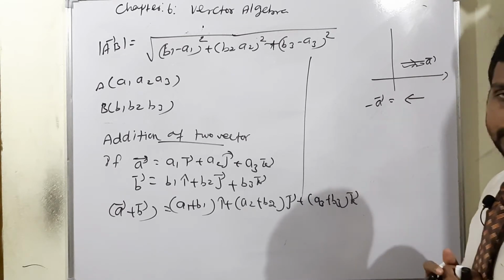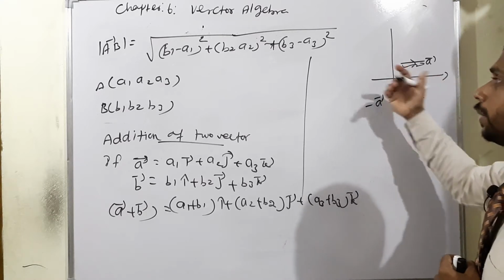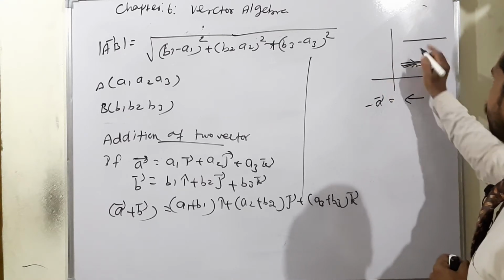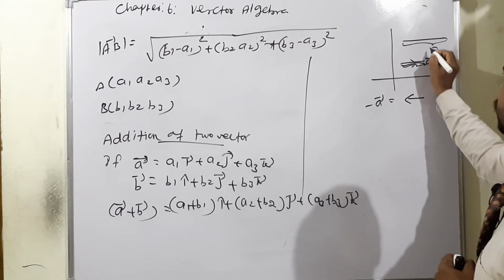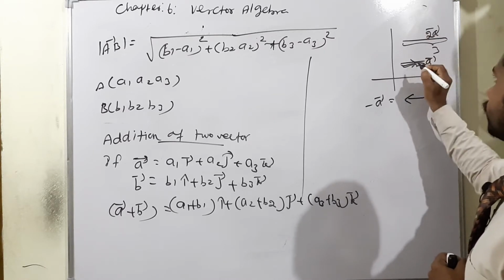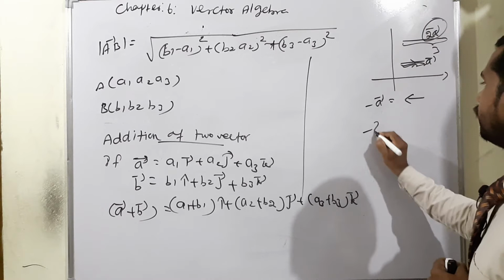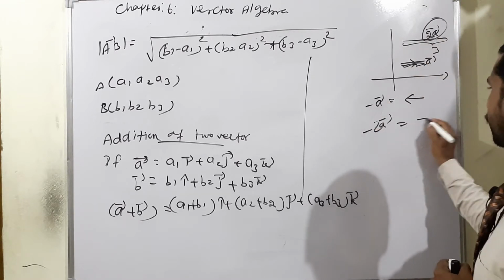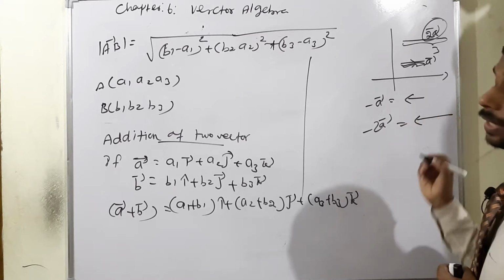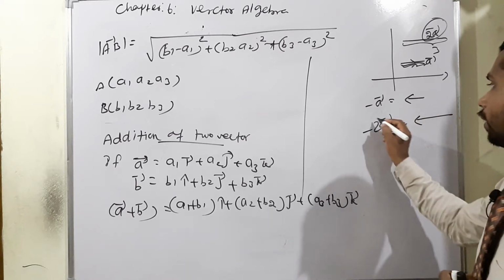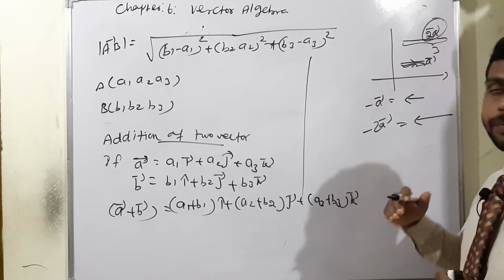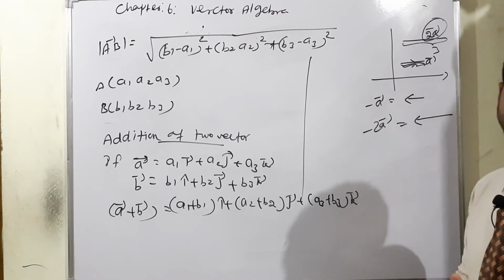Then what is the meaning of 2A? For example, if A is 1.5, the whole distance is considered as 3; then this is called 2A vector. To find negative 2A vector, the same size 3 is repeated, but in the opposite direction; that is called negative 2A vector. Now I hope you understand the difference between positive direction and negative direction.